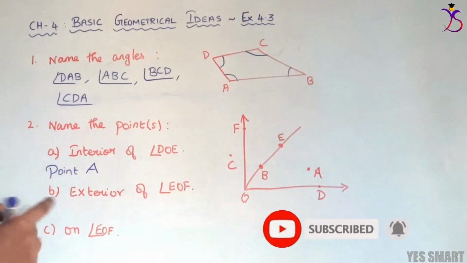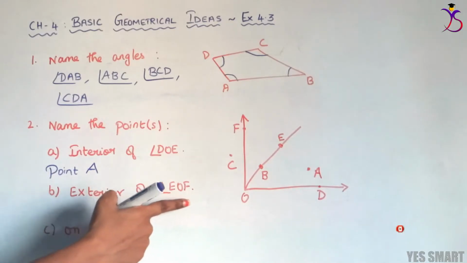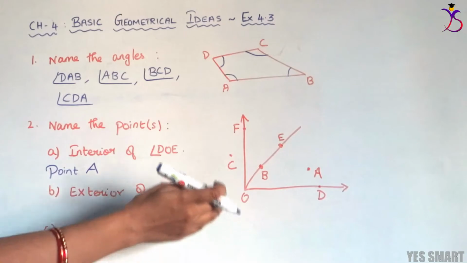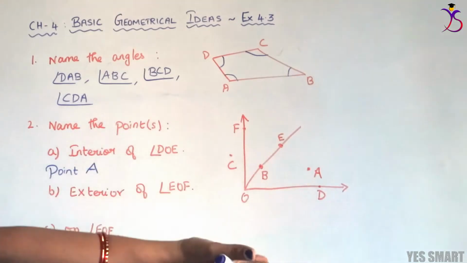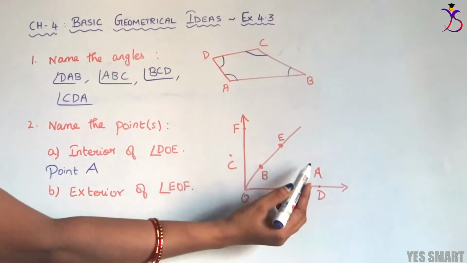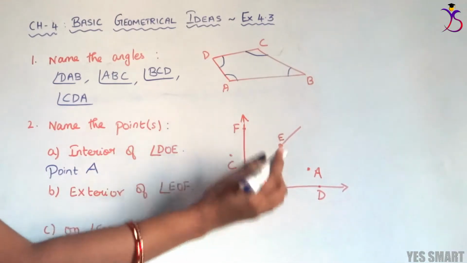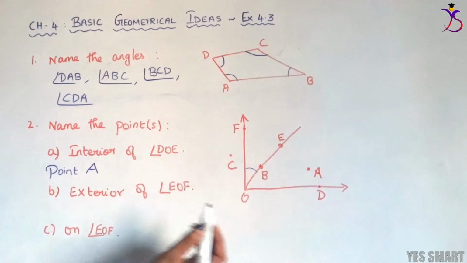Now exterior of angle EOF. Any point outside this angle EOF, we are supposed to write it. So we have point C, point A, point D, because these points are outside EOF.